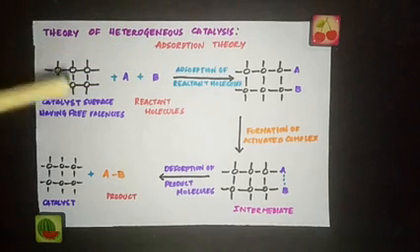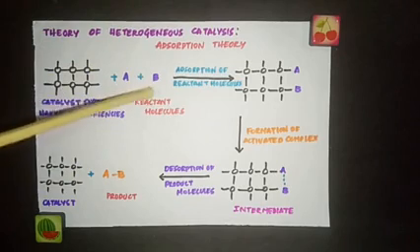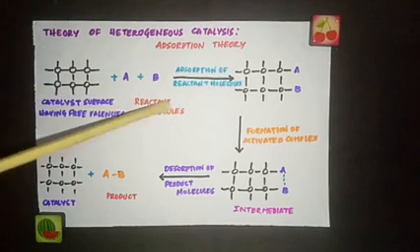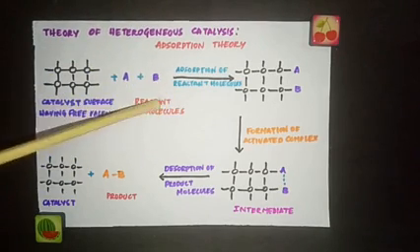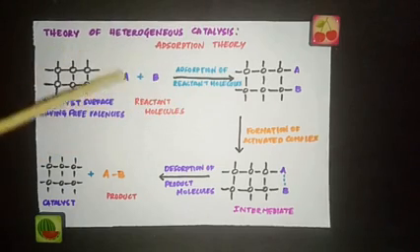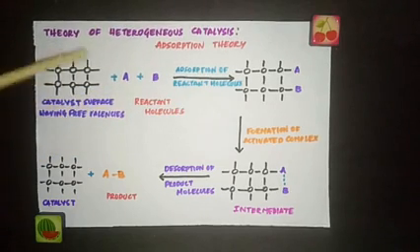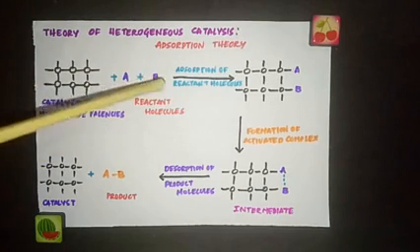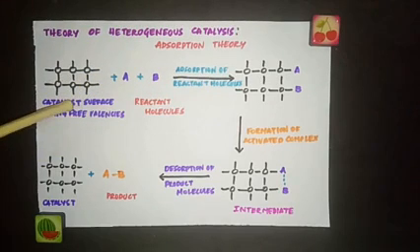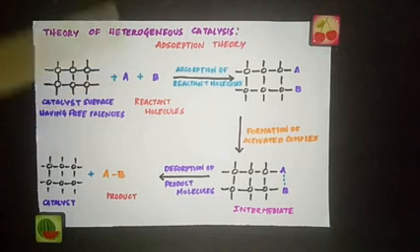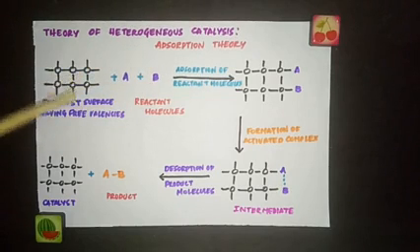According to this theory, the reactant molecules, here A and B are the reactant molecules, which are mostly gaseous in nature, approach the surface of the catalyst. This is the catalyst surface. These reactant molecules approach the surface of the catalyst. The bond present in them cleaves and they are adsorbed on the surface of the catalyst.